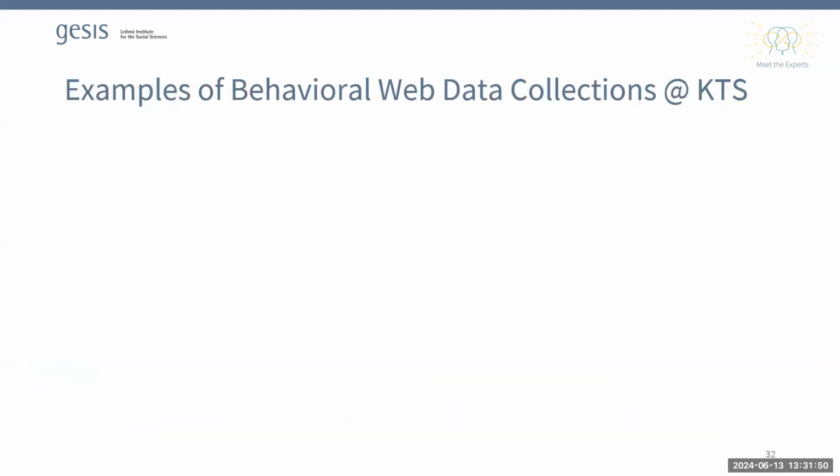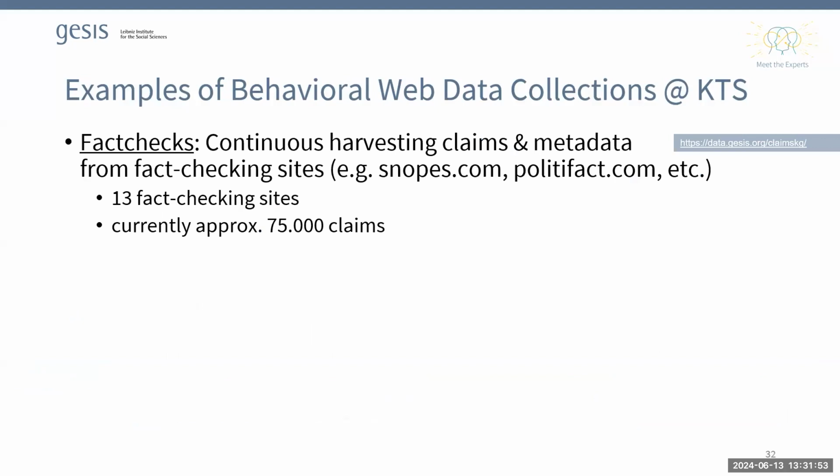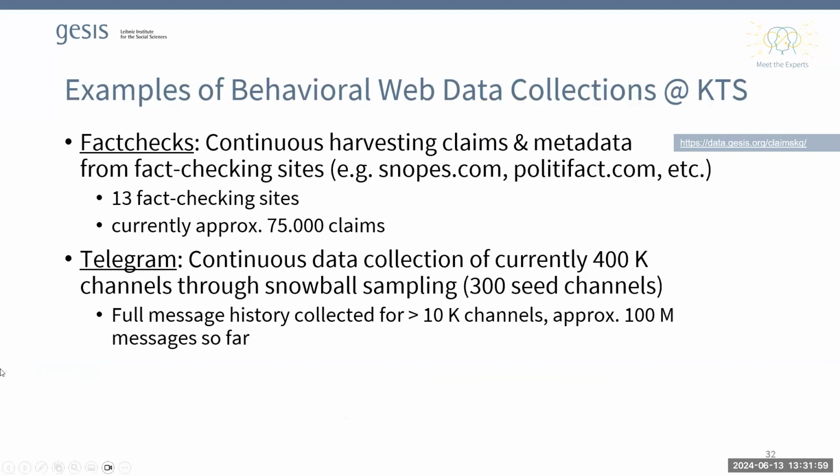To give you some examples, we collected or still collect fact checks, where we have around 75,000 fact checks and corresponding claims from 13 fact-checking sites like Snopes.com, PolitiFact, and other organizations.